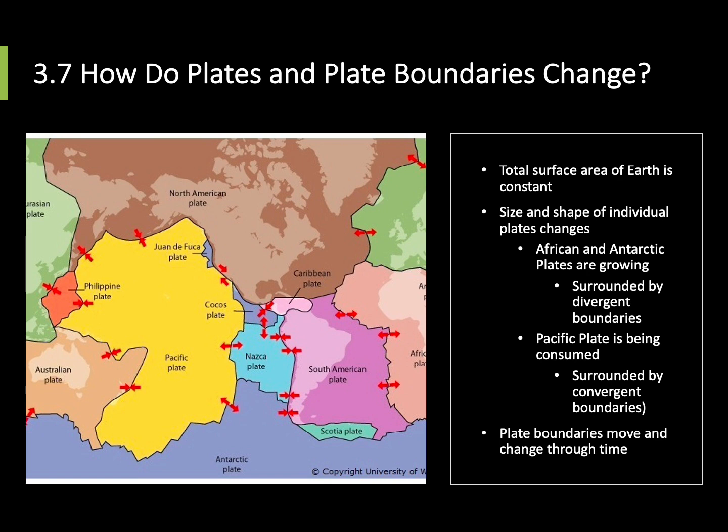On the other hand, if we're looking at a plate that's surrounded by convergent plate boundaries, where we have subduction zones destroying lithosphere, those plates are going to be getting smaller over time, like we see with the Pacific plate. Because it's surrounded by convergent boundaries, that oceanic plate is getting smaller over time.